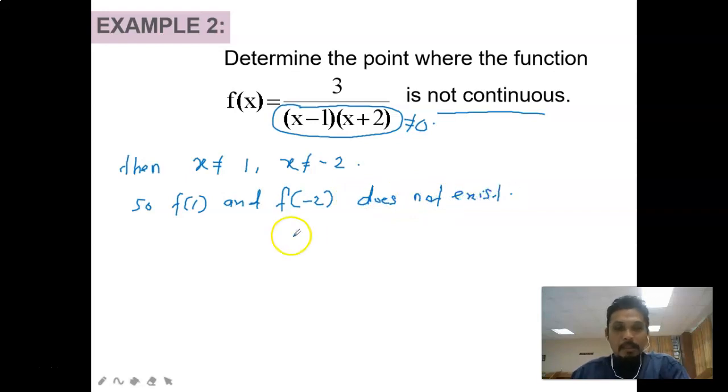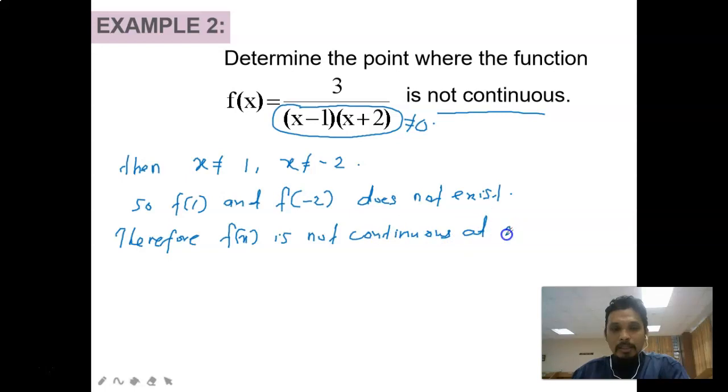Okay, therefore f(x) is not continuous at x equal to 1 and x equal to negative 2.